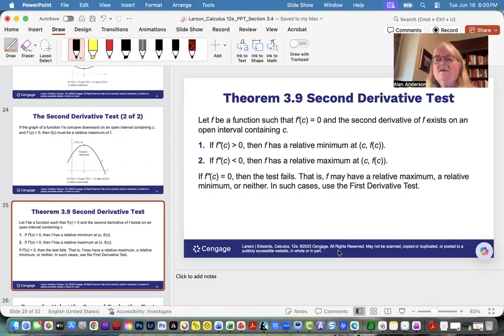Now, once in a while, and you always have to know if there's any exceptions to any rule in calculus, what happens if somehow we wind up with a second derivative that's not positive or negative, but it's zero? We'll see eventually a case where that happens. It sounds impossible, but it's not. If instead it's zero, then we say the test fails and we have to go back and use the first derivative test. Now, remember how that works.